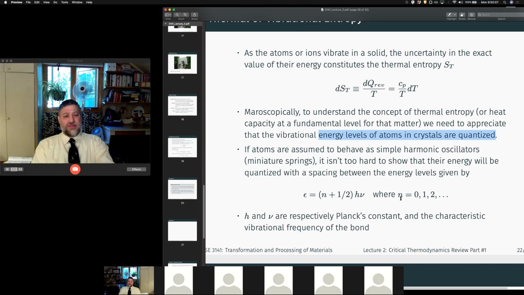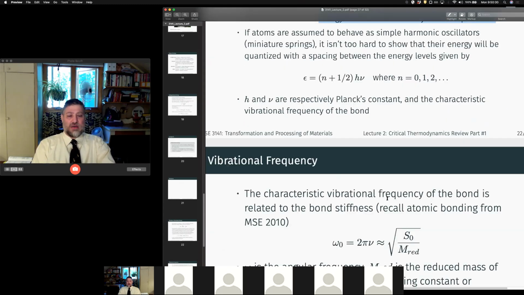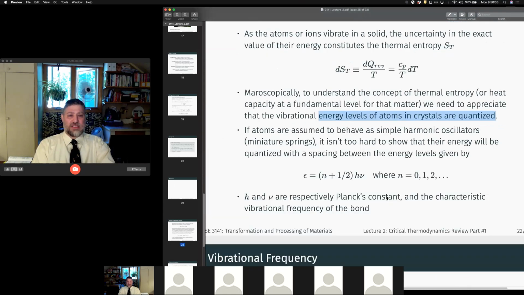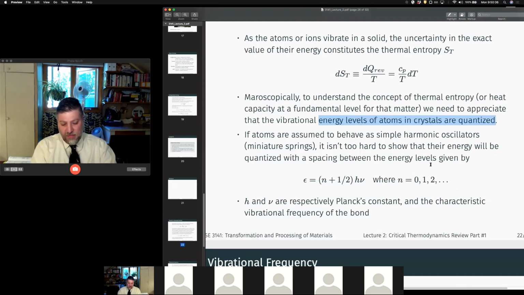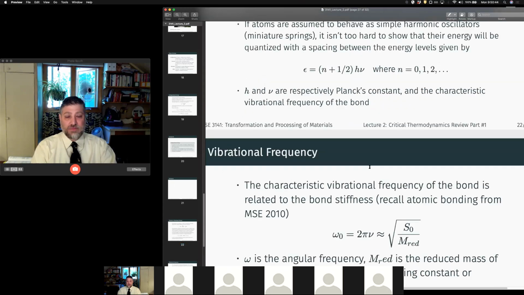And we're not going to go through the physics, but it isn't too hard to show that energy will be quantized with the spacing between the energy levels given by this equation, which you've probably all seen before. h and nu are Planck's constant and the characteristic vibrational frequency of the bond. This is essentially the start of the model of an Einstein solid.